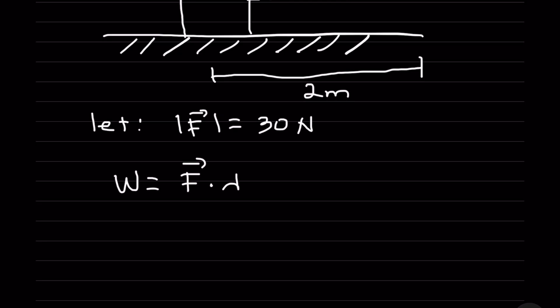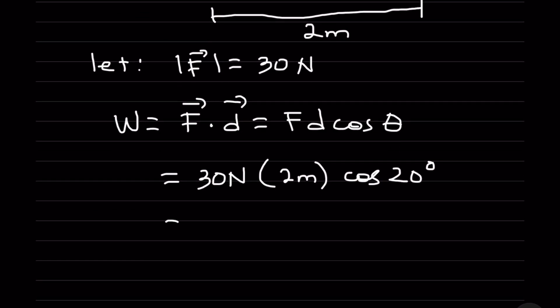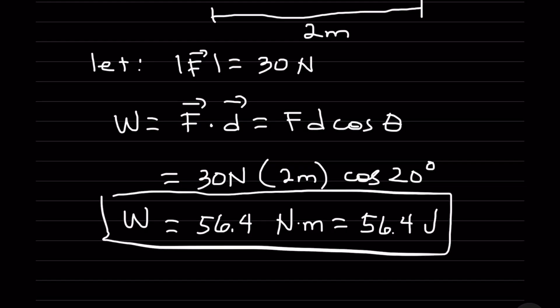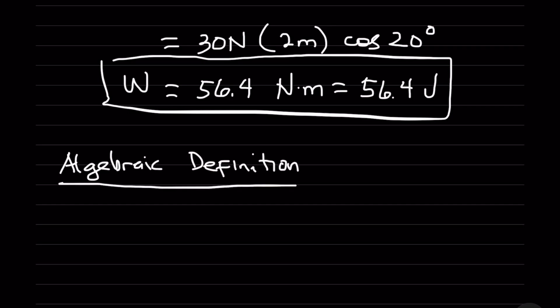Now, I forgot to specify the magnitude of the force, so I now put it on the screen. We let the magnitude of the force be equal to 30 newtons. So to get the work done, we simply need to get the dot product of the force vector and the displacement, that is equal to F d cosine theta. Substituting the values, we find that work is equal to 56.4 newton meters or 56.4 joules.